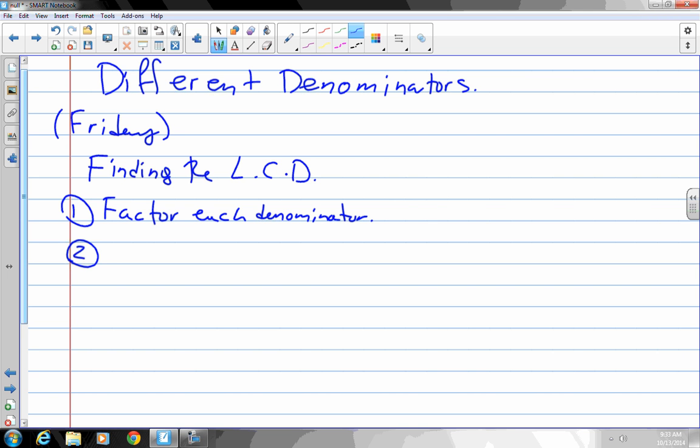Now, after you factor each denominator, you will take each distinct factor raised to the highest power that you see.